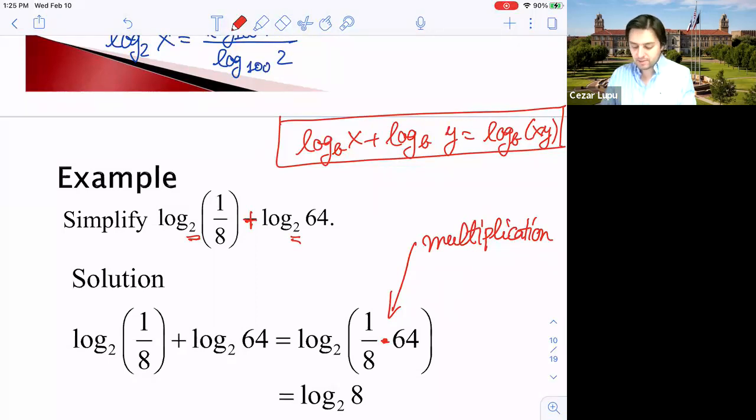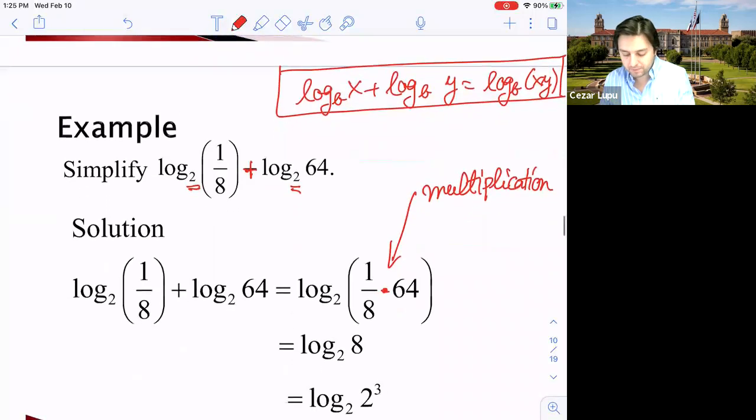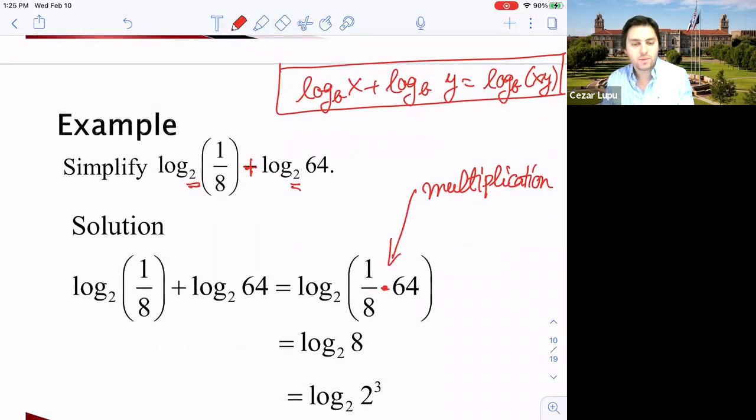Exactly like Abdul says, we can write 8 as 2 to the power 3. And now what will this give us? There was a property, it will give us 3, exactly.